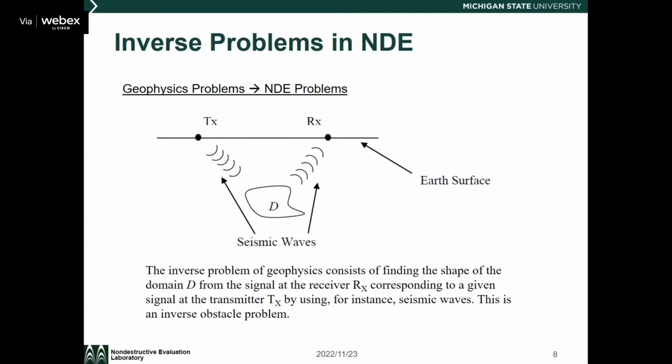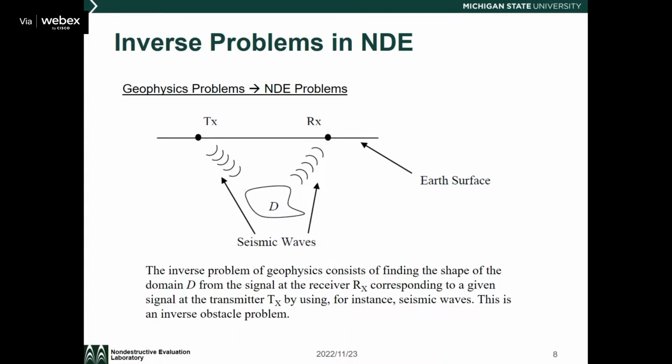And you'll see this a lot in, for example, ultrasonics, right? For EM as well, for example, the ground penetrating radar problem. So you can have a transmitter, you can have a receiver, you can have some object with different material properties and different shape, defined as capital D here. Based on the measurement from Rx, you're trying to reconstruct the capital D here.